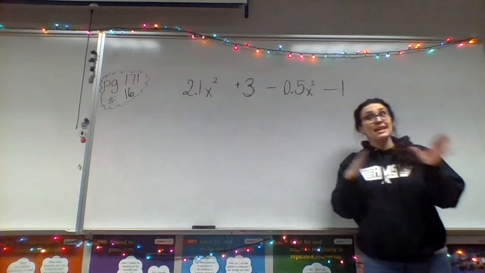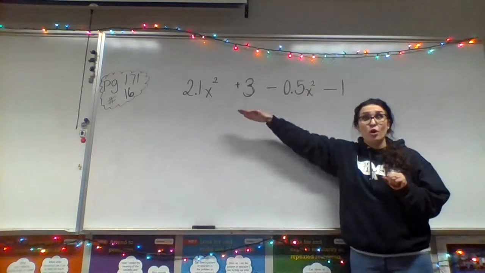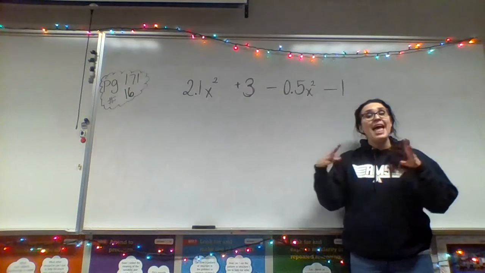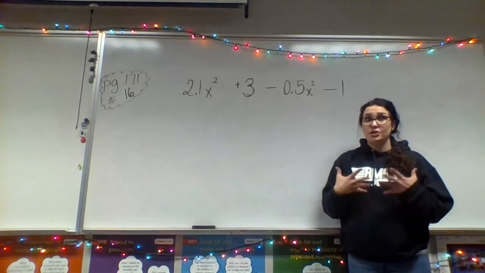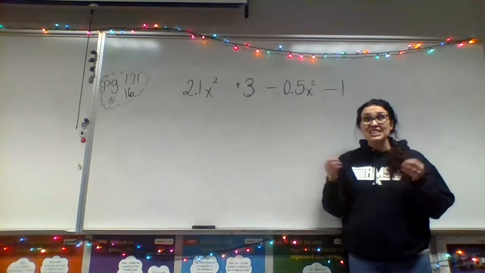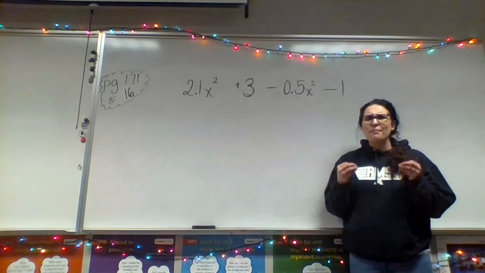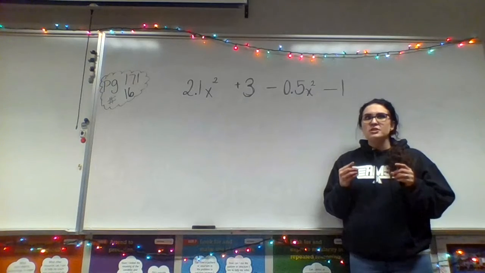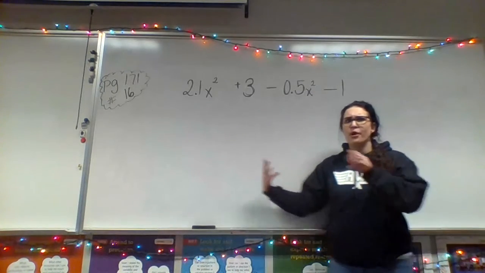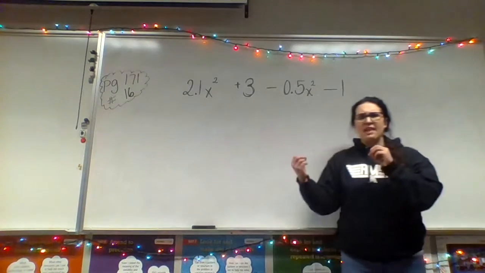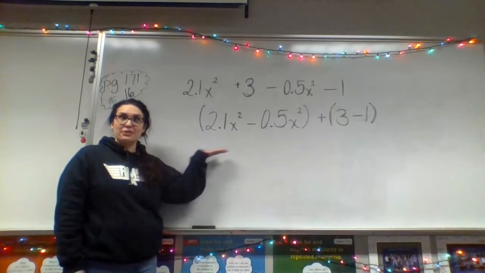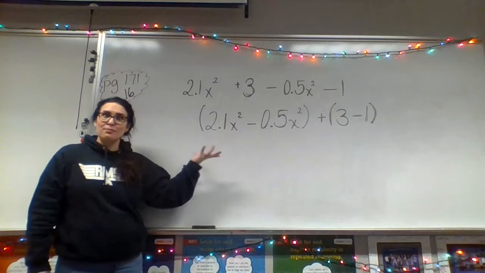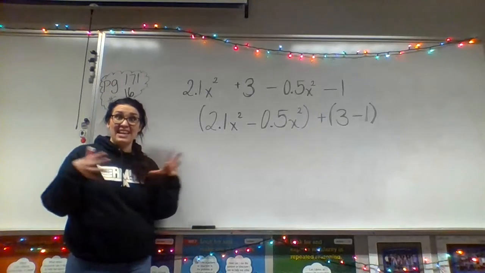Just like in that last example, we have coefficients that are like terms, and then we also just have regular old numbers. Those are also like terms. So now, my friends, let's start combining these, but I'm going to use some grouping symbols. I want to put my like terms together and then my other like terms together. All I did with this first step is rewrite it using parentheses, putting those like terms together.